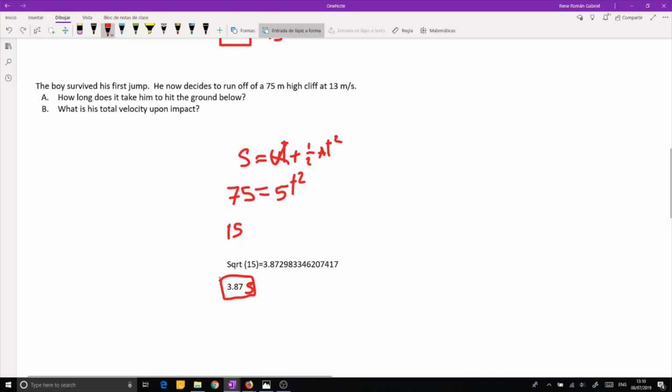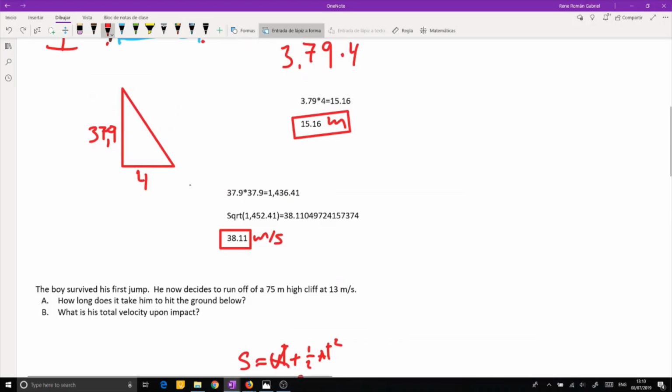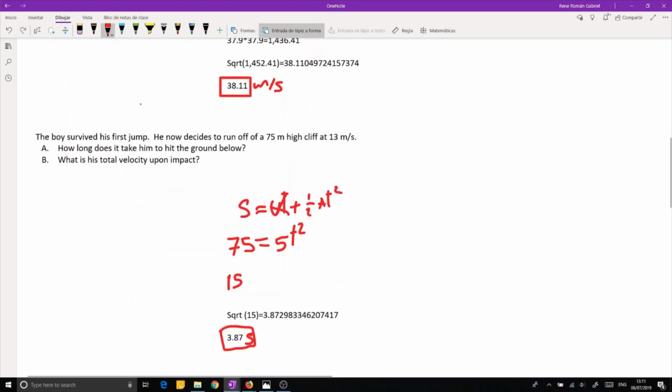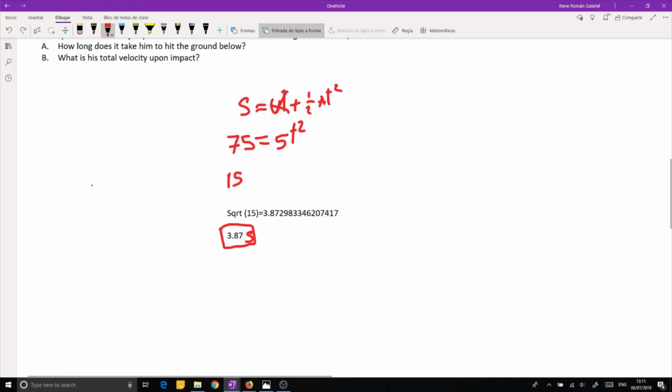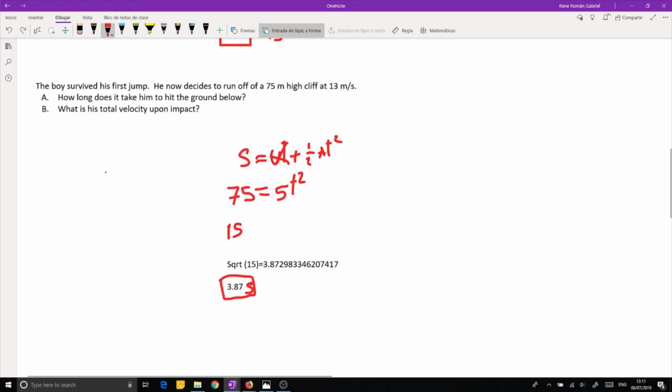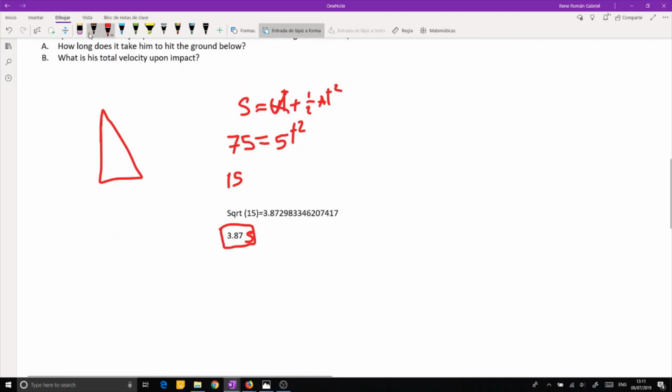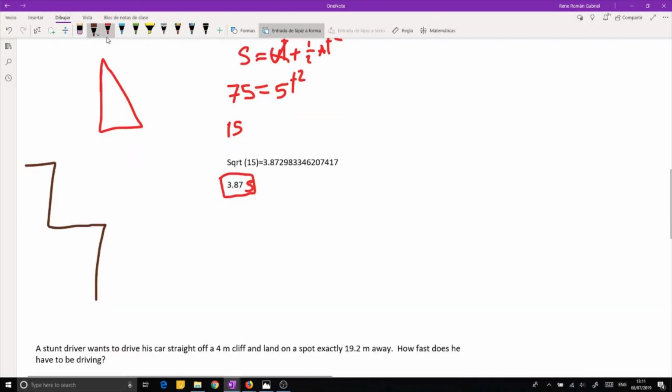So next is what is his total velocity upon impact, same as before. So we're gonna do this exact same as before too. We put our velocities, triangle, because again this would be him, would have jumped this 72 meter high, and then he just decides to jump again at 75 meter high. So the velocities, we can still do a triangle.